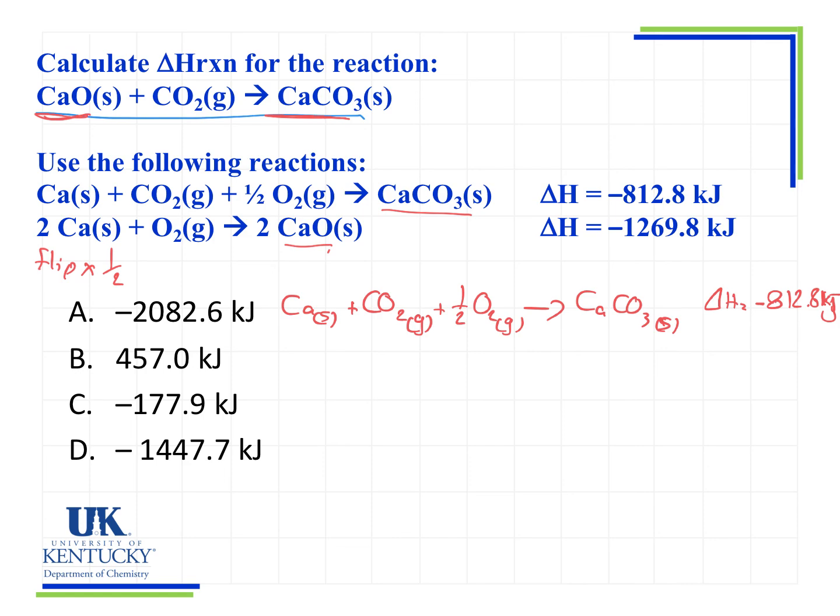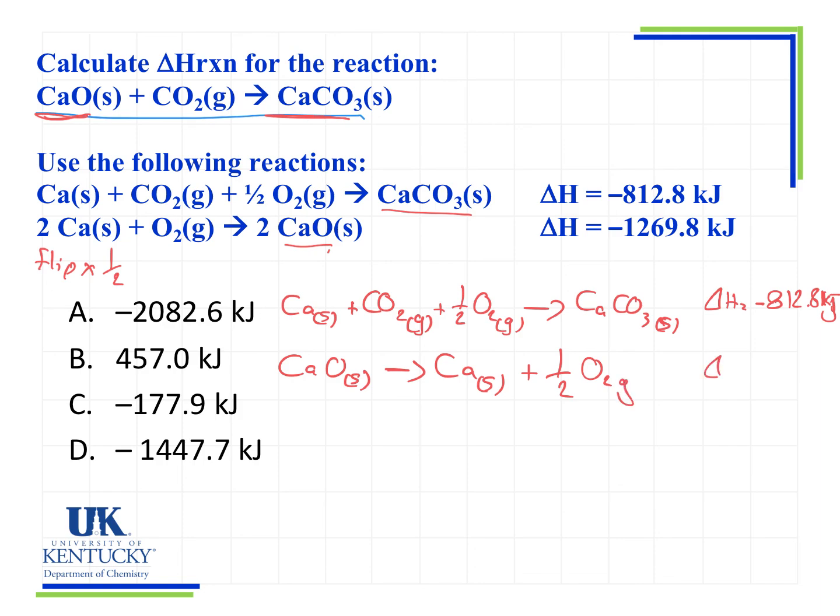Okay, the second one we have to flip it and divide it by 2, so it's CaO solid, and that's the only reactant because that's the only product. And you have Ca solid plus 1/2, we divide all of them by 2, right? 1/2 of oxygen in gas phase.